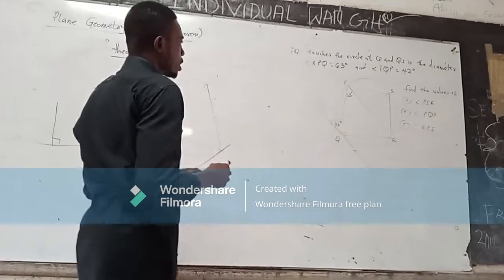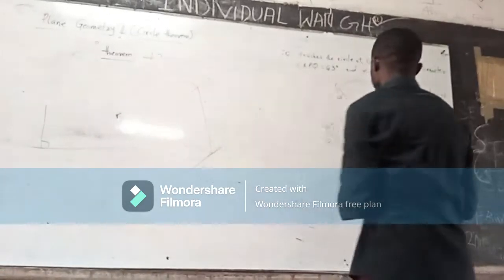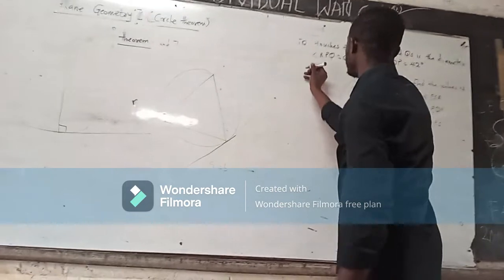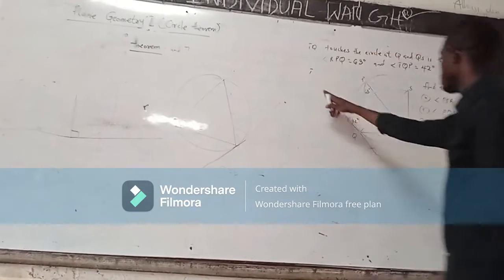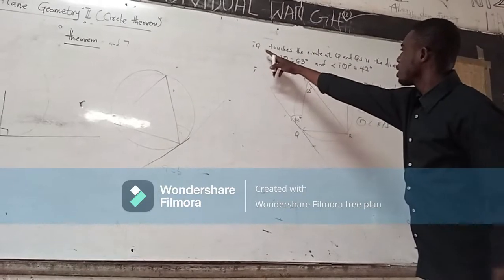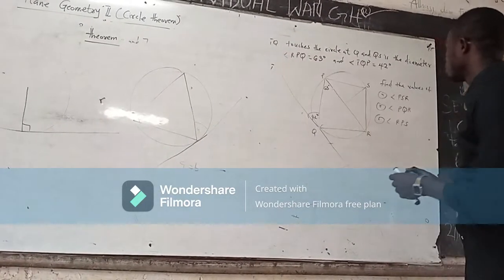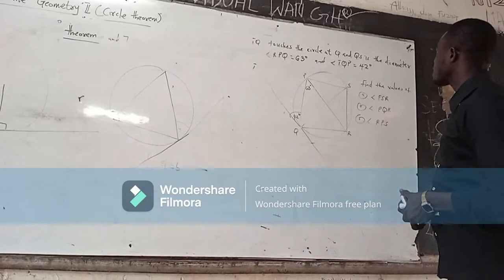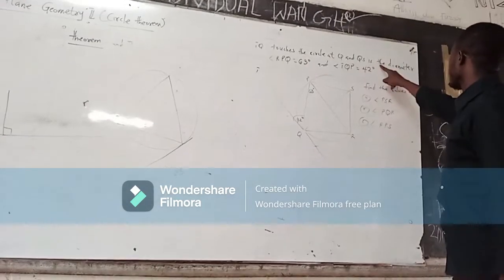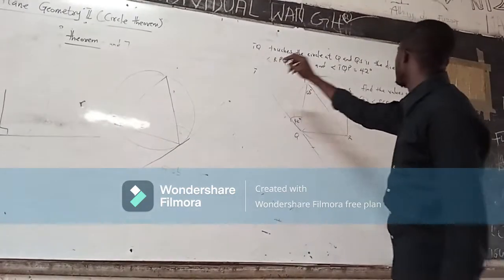Now let's try the question here. We have T. Okay, so this is a tangent. TQ touches the circle at Q, the point Q, and QS is the diameter.